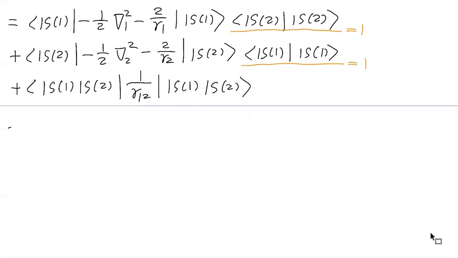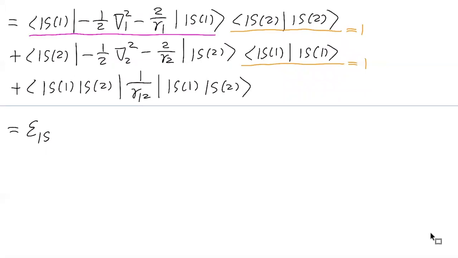So the first term, let's see, what is this first term? This first term is exactly equal to the 1s orbital energy for a hydrogenic atom with the nuclear charge being equal to 2, right? So this can be written as epsilon 1s or E1s.